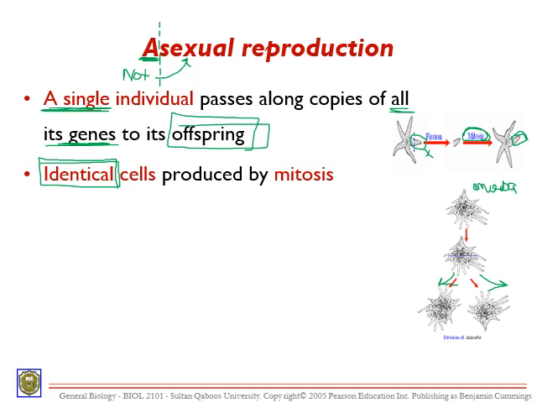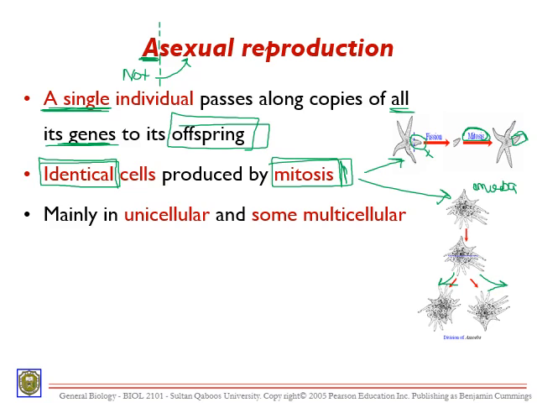Okay, so the cells that are produced are exact copies of the parent cells, and they are produced by mitosis. Okay, and we gave those two examples. And where does asexual reproduction take place? It is mainly in organisms that are unicellular, and it also happens in some organisms that are multicellular. Remember multicellular? So they are made up of more than one cell.